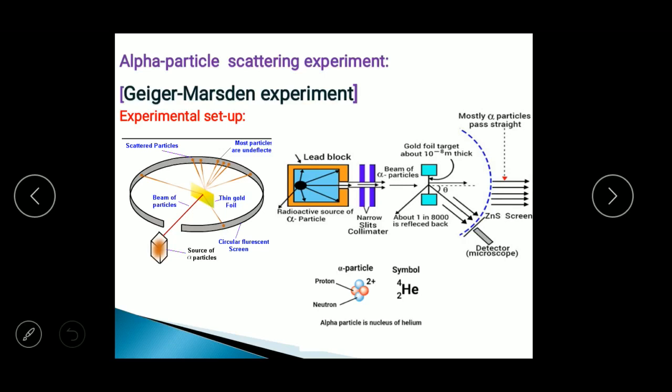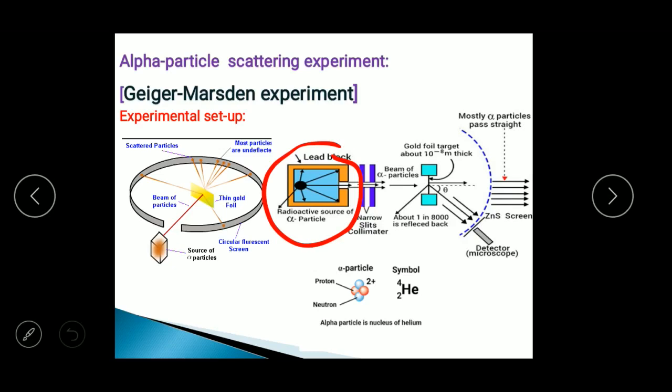Let us start the description of the experimental setup. The basic experimental arrangement used by Rutherford and his associates, Geiger and Marsden, is shown in the figure here. So what are the important apparatus used in the experimental arrangement? First, we have the lead block.